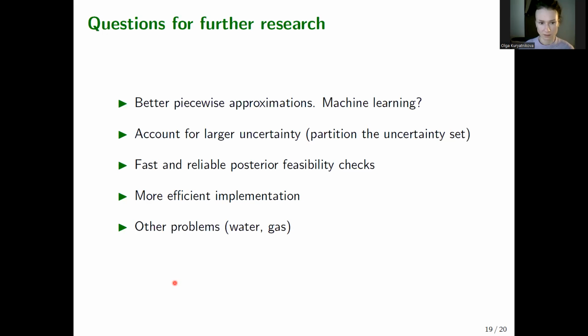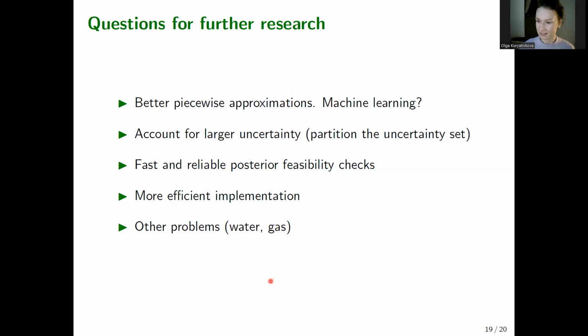Better could be faster, better could be approximations which allow you to provide better theoretical guarantees. Now with Taylor approximations, you can't say much about theoretical guarantees. So we thought about maybe doing some machine learning here, either approximating just equalities with, I don't know, neural network, which gives you a huge IP. So maybe that's not the best way to go.